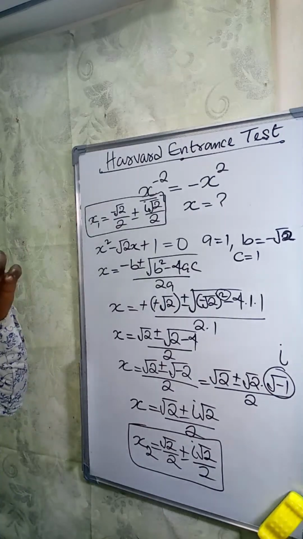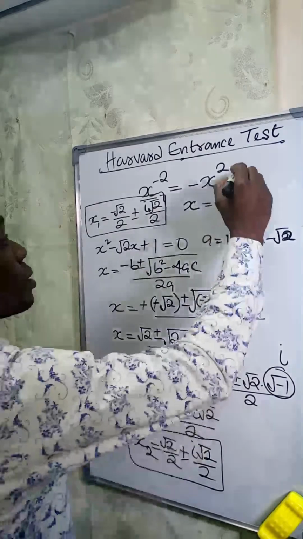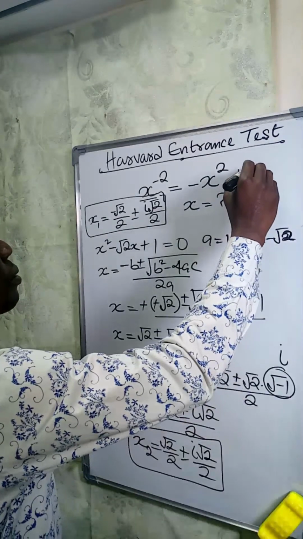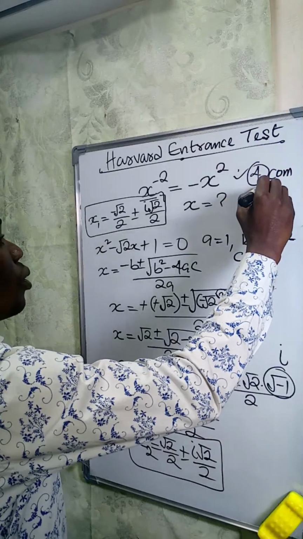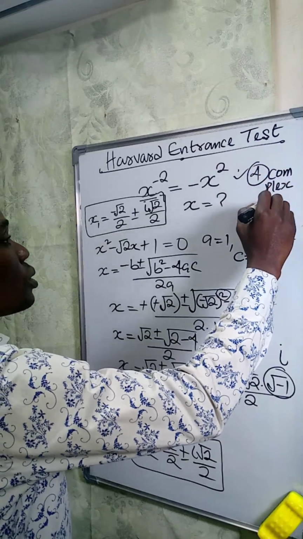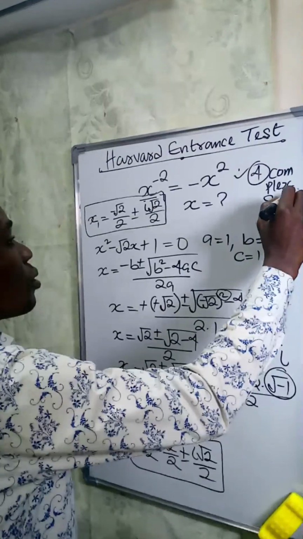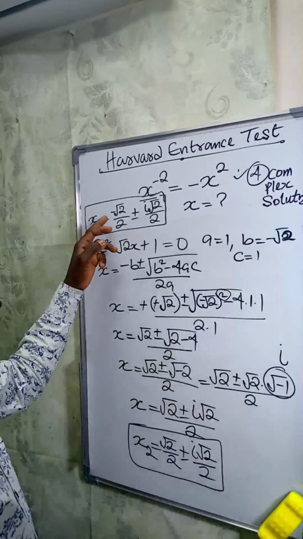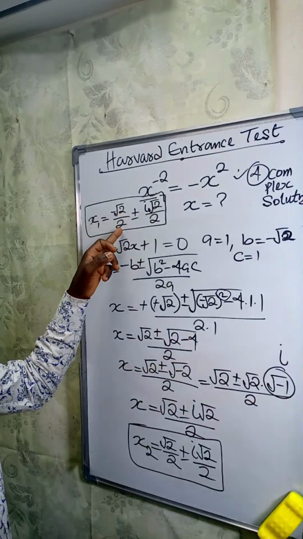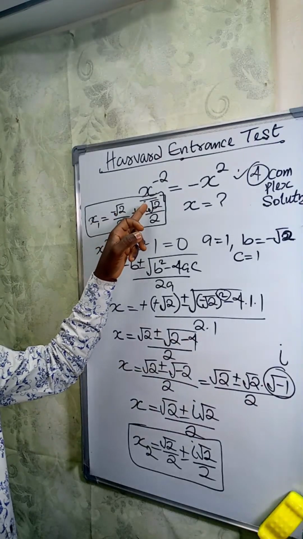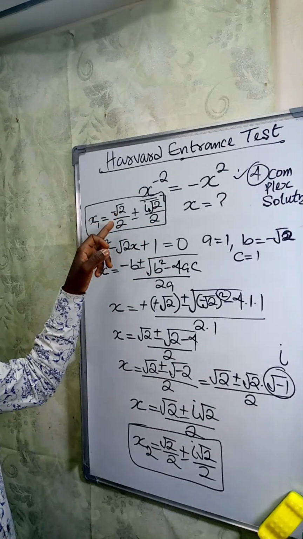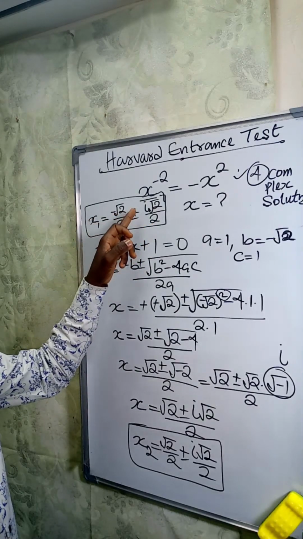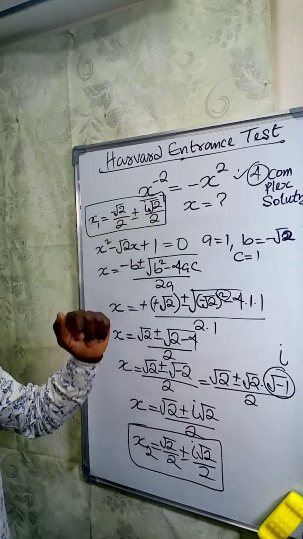So that means this question definitely has 4 complex solutions. The 4 complex solutions are negative square root of 2 divided by 2 plus i square root of 2 divided by 2, and negative square root of 2 divided by 2 minus i square root of 2 divided by 2.